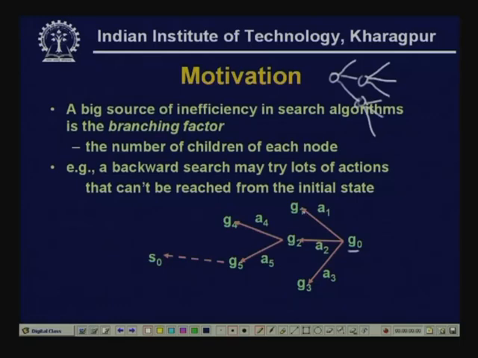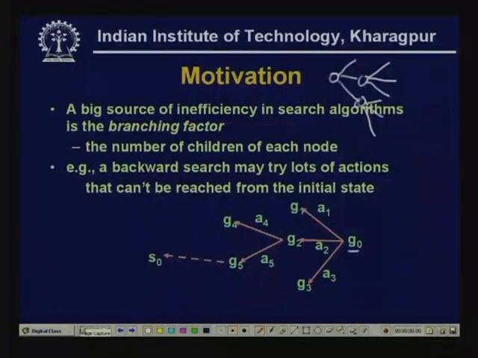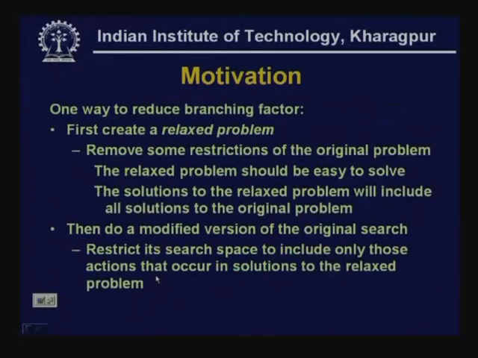The main problem is that you would be considering a lot of actions, and many of these actions may not be reachable, we may not be able to take the action starting from the initial state. So, our objective is to find a subset of the actions which can be activated given the initial state that the agent starts from, and in this way we would like to limit the branching factor. This was one of the motivations for this algorithm.